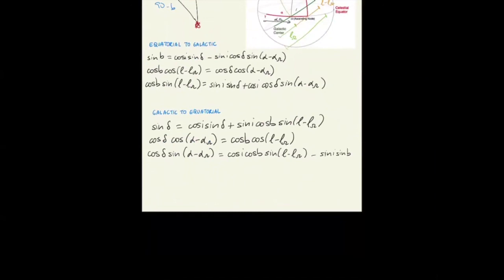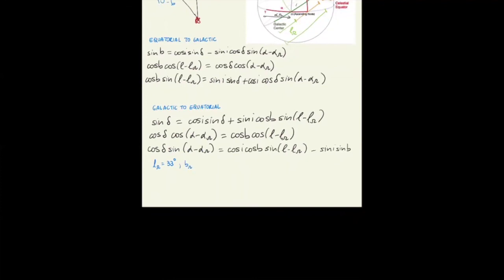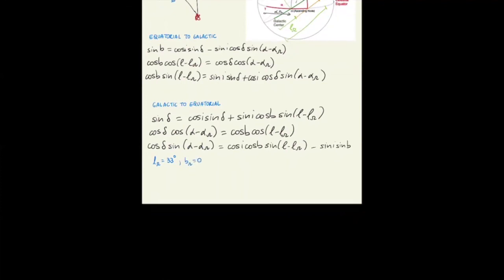And the coordinates of the ascending node in galactic coordinates: the longitude of the ascending node is 33 degrees. By definition, the latitude is 0. And in equatorial coordinates, the right ascension of the ascending node is 17 hours and 46 minutes, and the declination is minus 29 degrees.